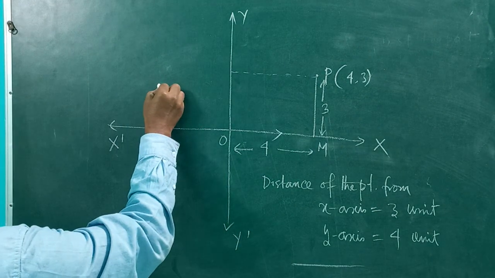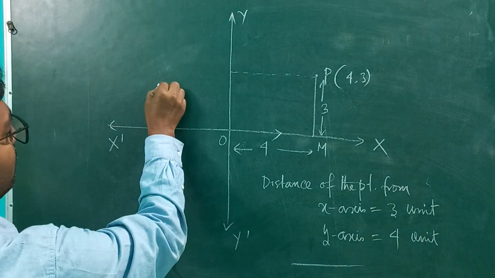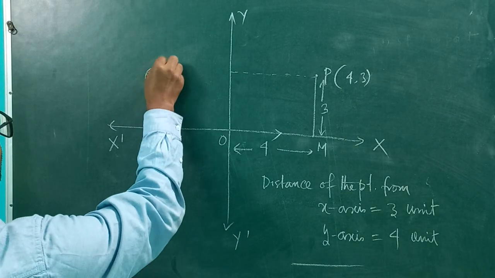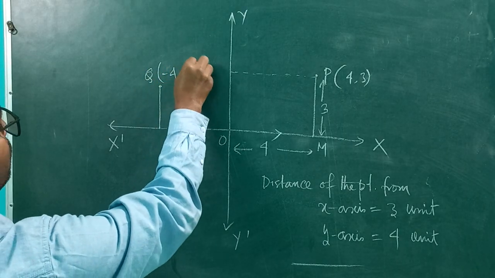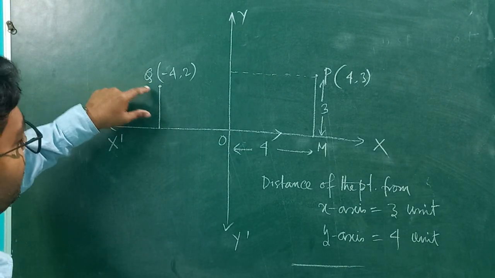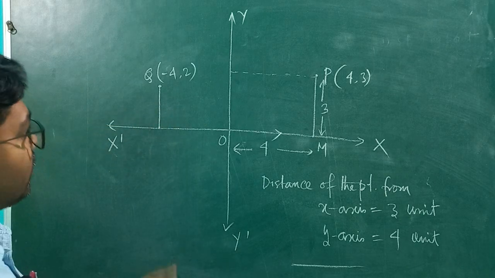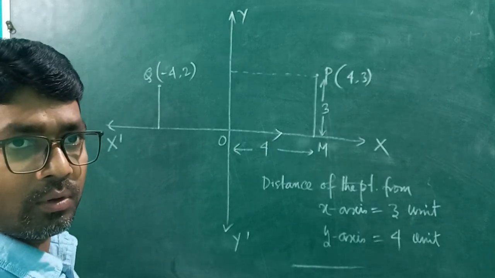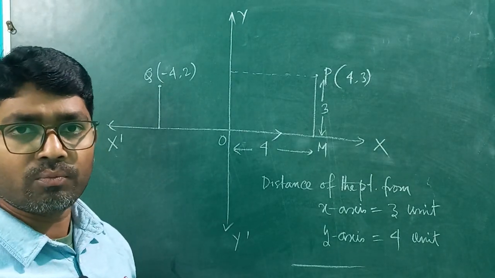If any point lies here also, suppose its coordinate is say -4, 2. If you want to say what is the distance of the point from the x-axis, you never say -4, because distance should always be positive.